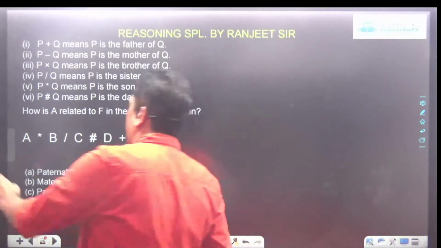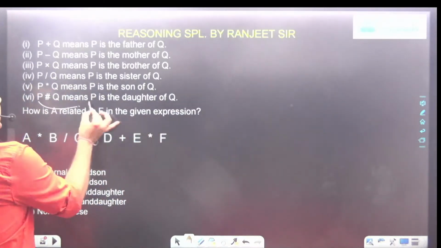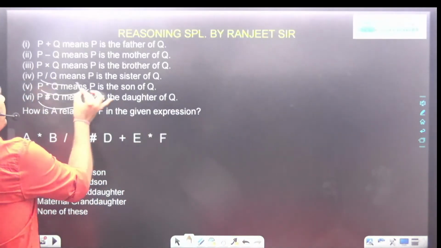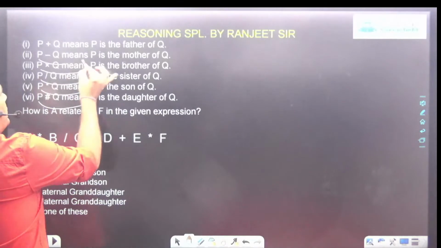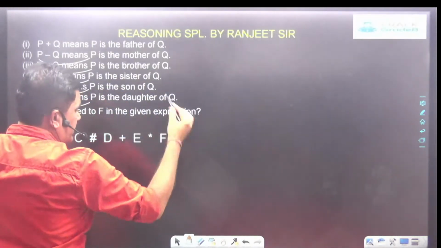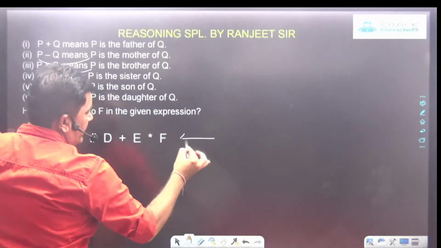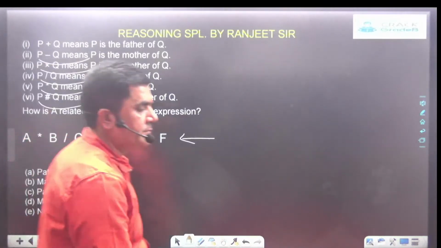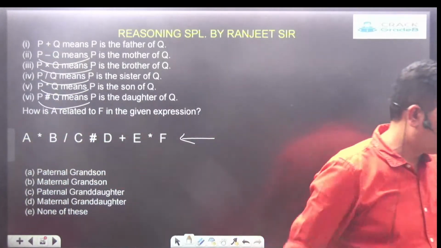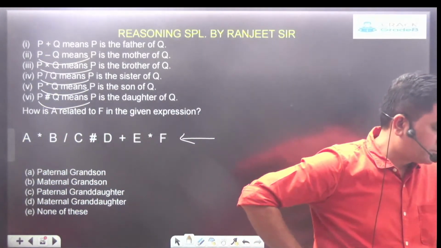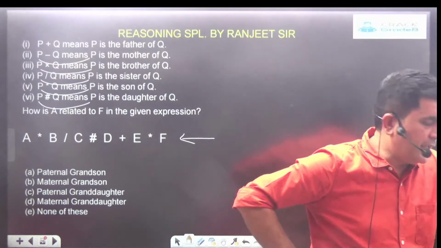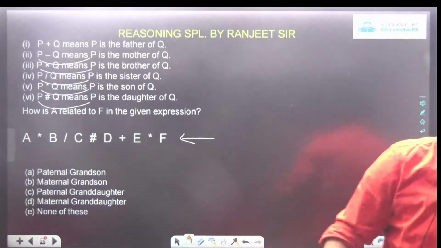In the direction, I can see the first person comes at the first place. So whenever the first person comes at the first place, I always have to start from last. Let's do it. What's the answer for this one?